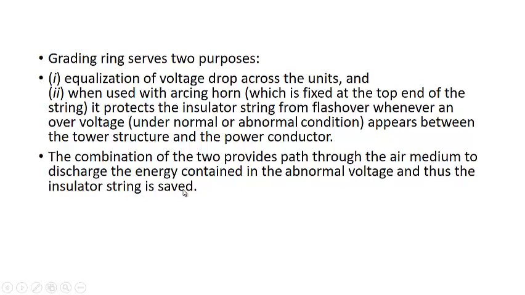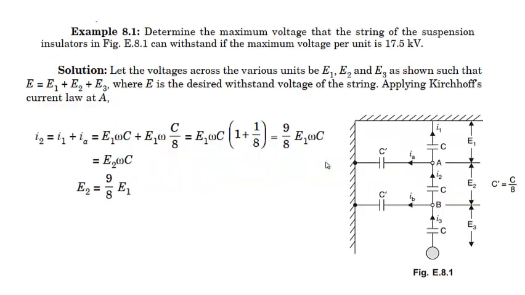If these two were not present, the insulator string would have provided the path for this flashover voltage, the energy would have been discharged through the insulator string, and it may have got damaged. But the combination of arcing horn and guard ring provides the path through the air. Air becomes conducting, and all the energy is dissipated through that air, and the insulator string is saved.